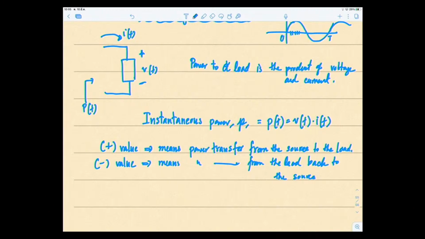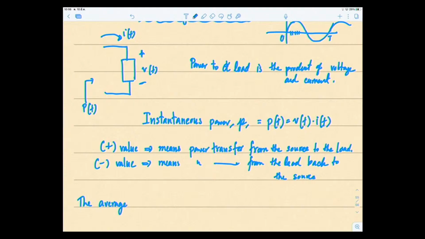In our daily life, you can't say that at t equal to 1 second the power is this many watts, and at t equal to 5 seconds it is so many watts. Since the power repeats itself within the period, we can take the average power for a periodic instantaneous power. This is another formula: the average power.